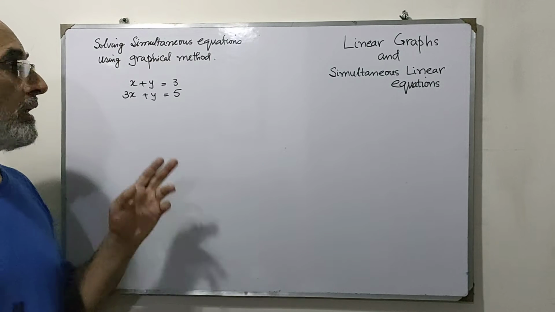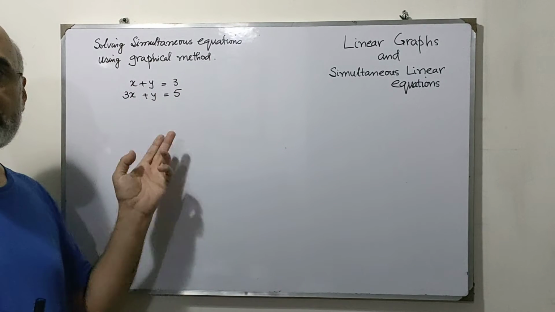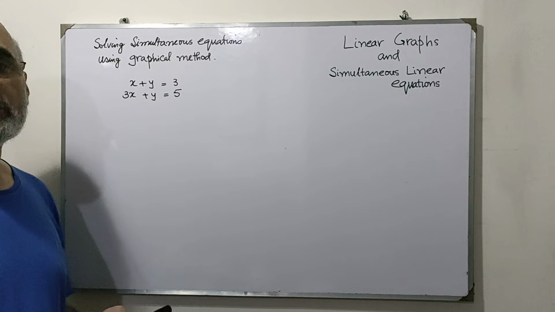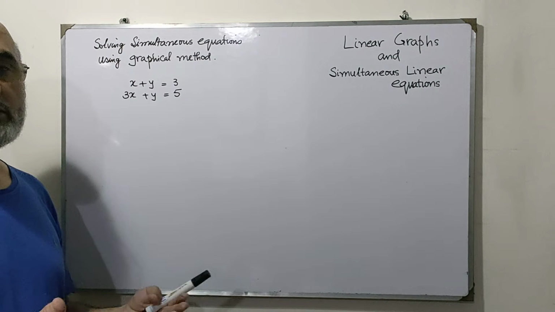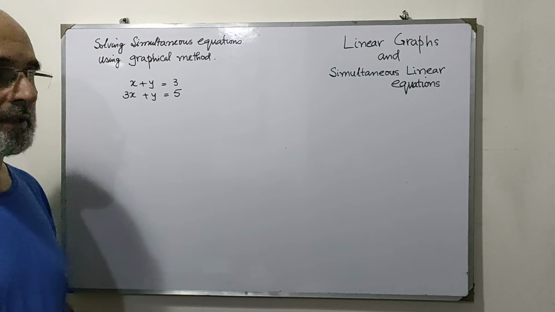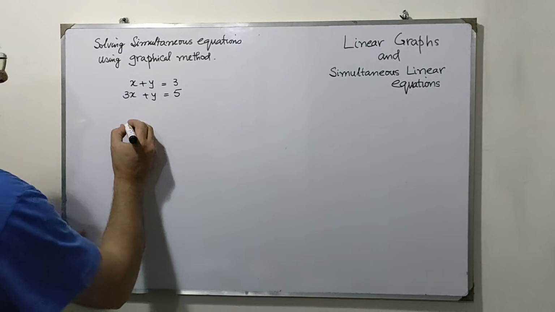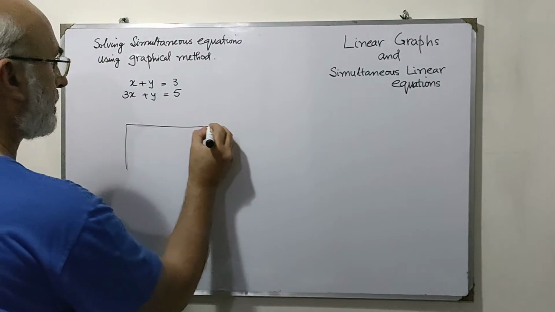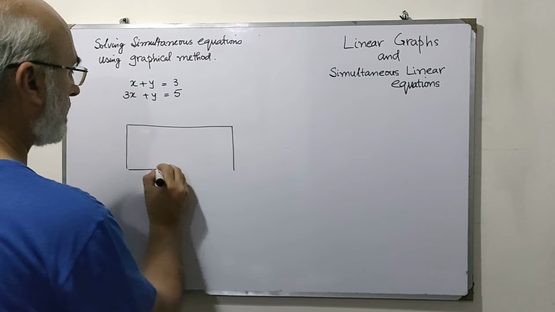But before that, we need the values for x and y, and if we have the values, then we'll be able to draw the graph. So let's have the values for both equations.